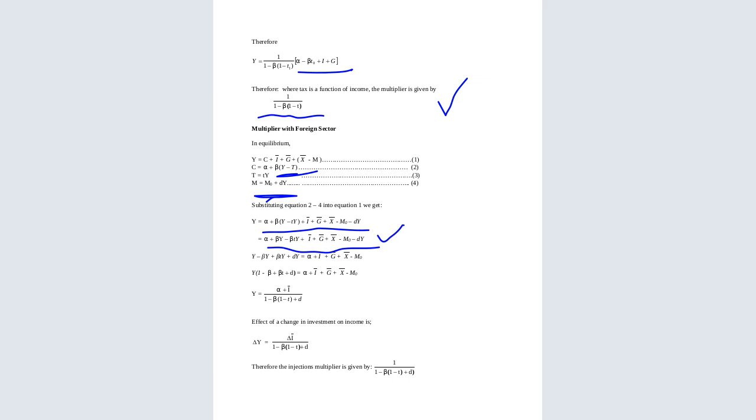We can get the like terms together and factor out y, and this is what we will have. And our y would actually be equal to this.